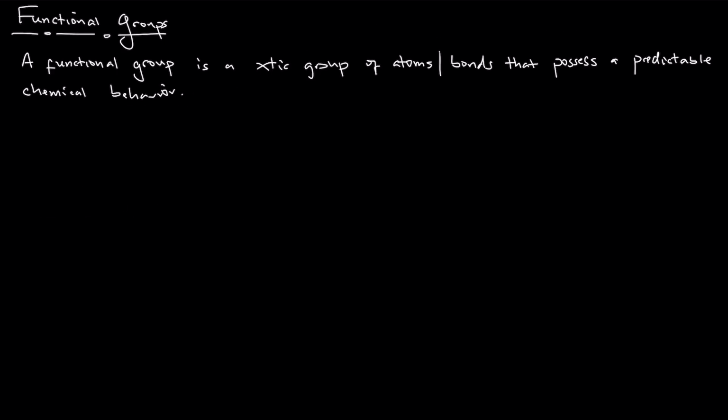So lastly in this video, we're going to introduce the concept of functional groups in organic chemistry. A functional group is a characteristic group of atoms or bonds or both that possess a predictable chemical behavior.